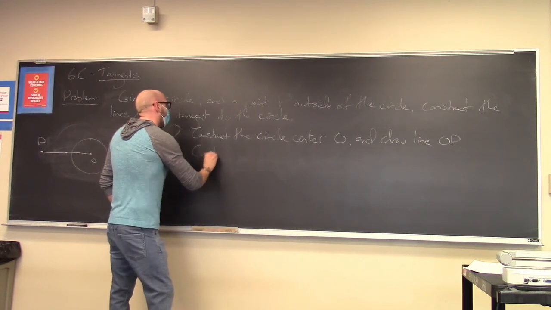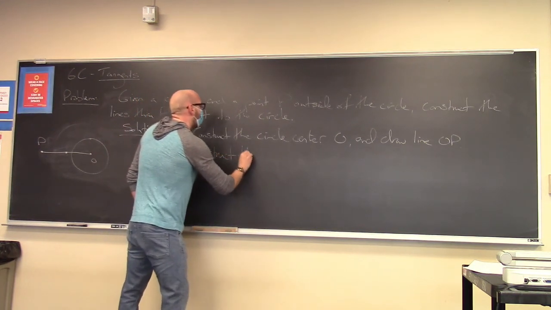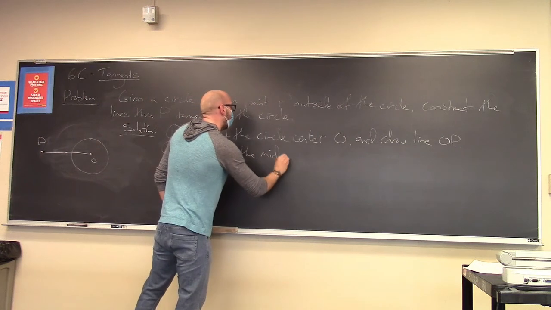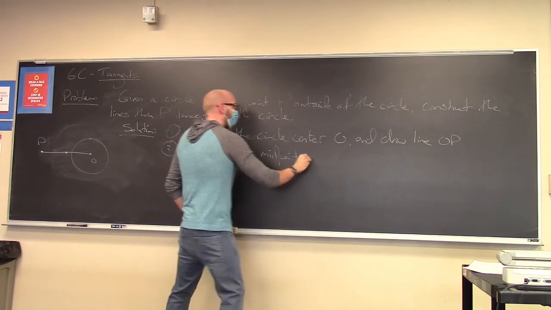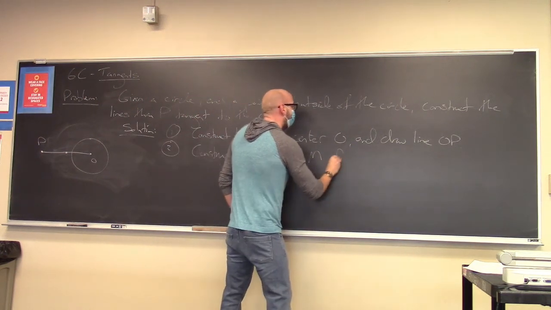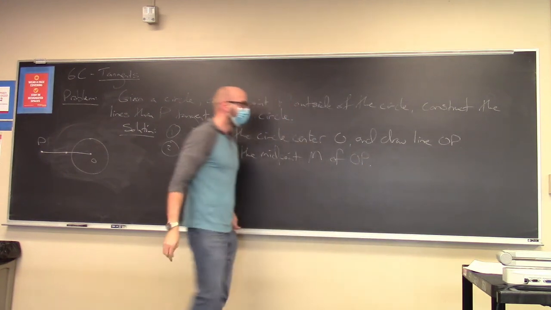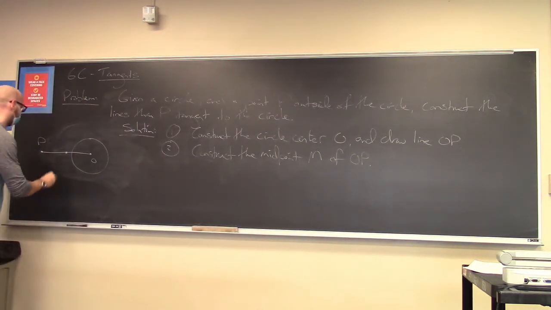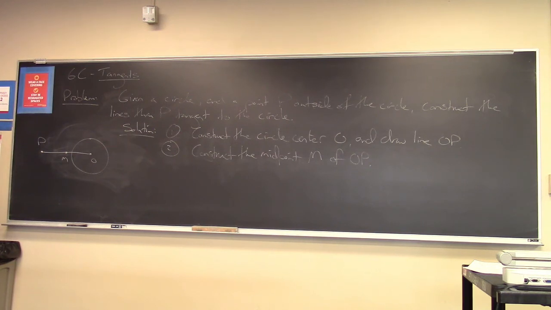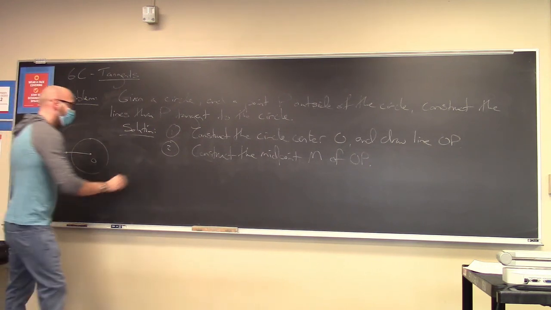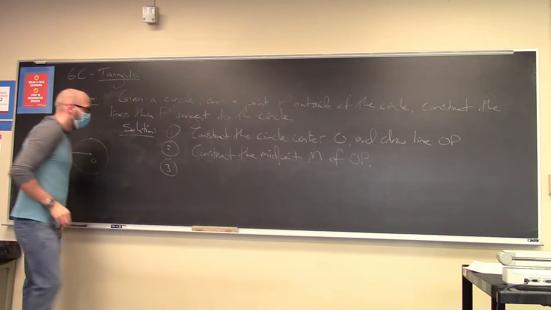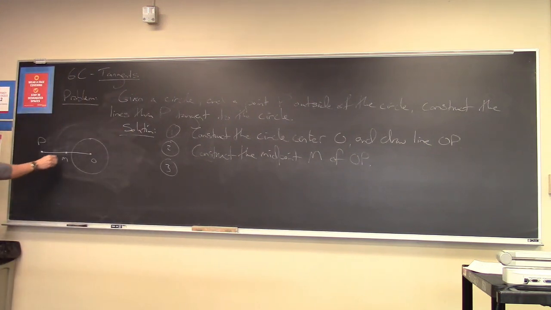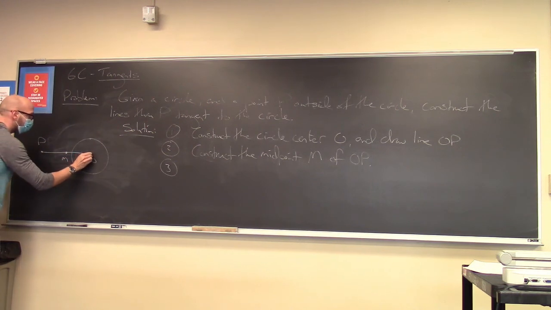Step 2, construct the midpoint, we'll call it M, of OP. And 3, we'll draw the circle. Draw the circle centered at M through P or O. It gives the same circle regardless.